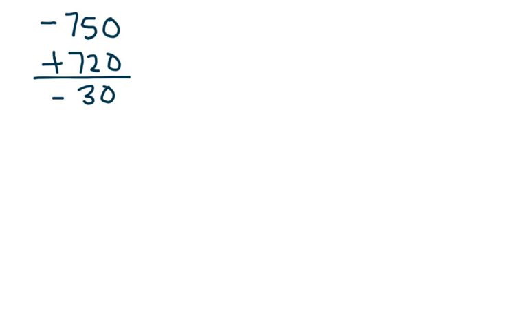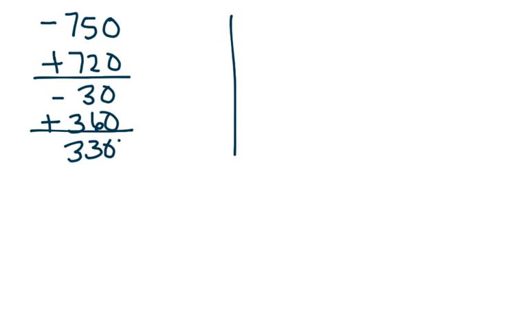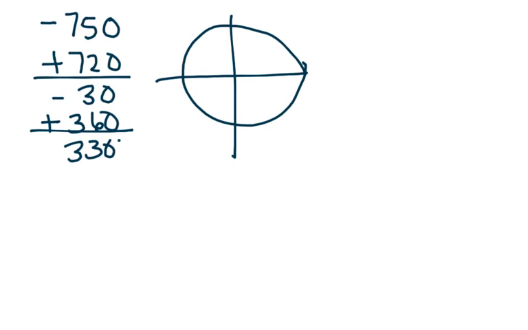Okay, the next one we're going to do is negative 750. So what I'm going to do is add 360 twice, and I'm still at negative 30. So I add 360 again, and I'm going to be at 330. Now look at this on the unit circle if you want to do the circle part.